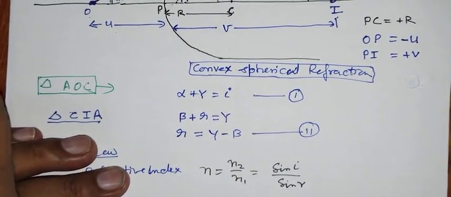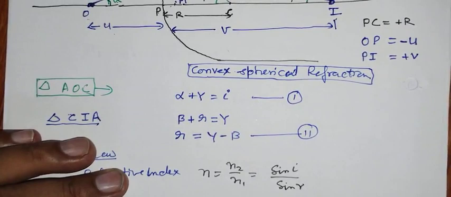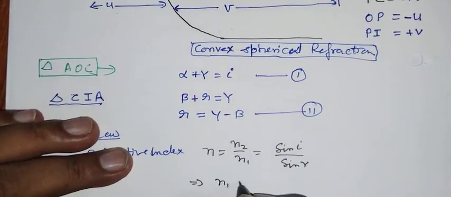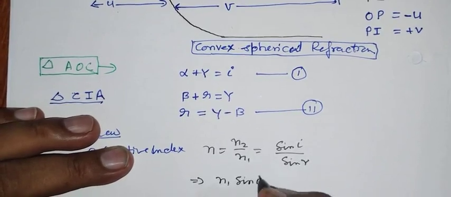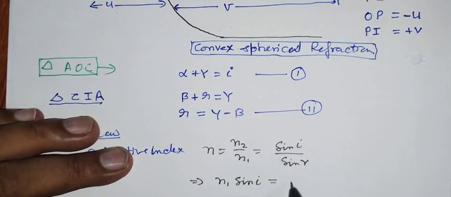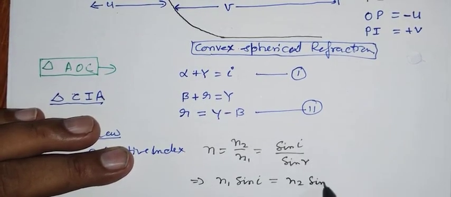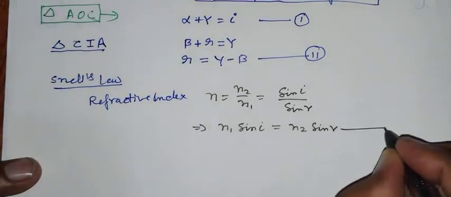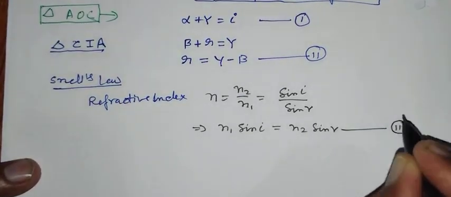So in that condition, one may write n1 sin i is equal to n2 sin r. This is equation number 3.